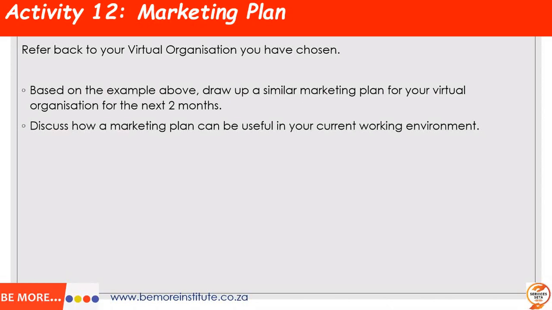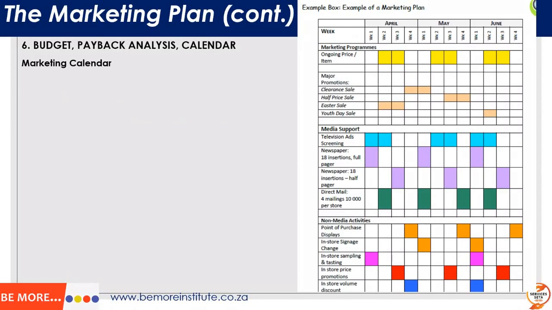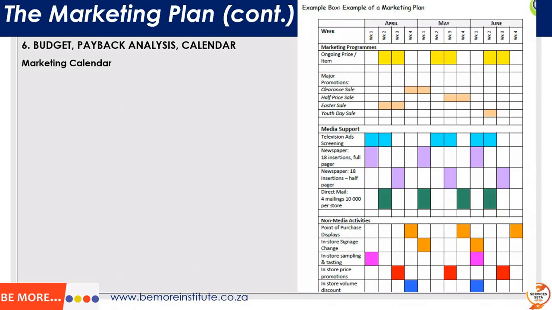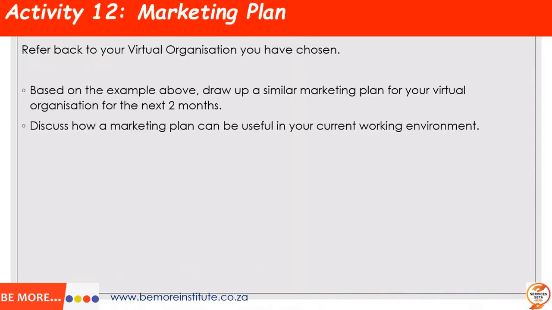So looking at all the exercises, like the examples that we've shared with you, and taking into consideration the information or the questions that you need to ask yourself when you're doing the various analyses, coming up with your budgets, coming up with your calendars, you try and apply and come up with a similar product for your company. Any questions? Comments? Okay.